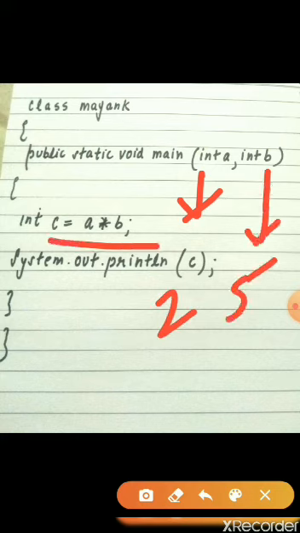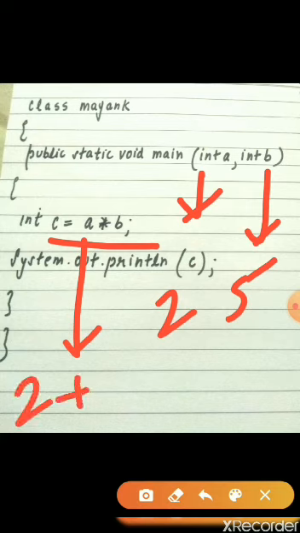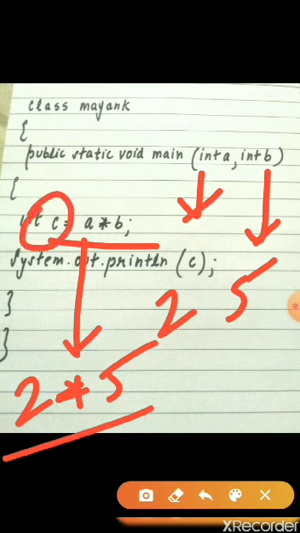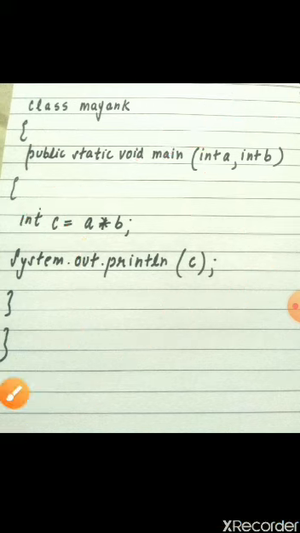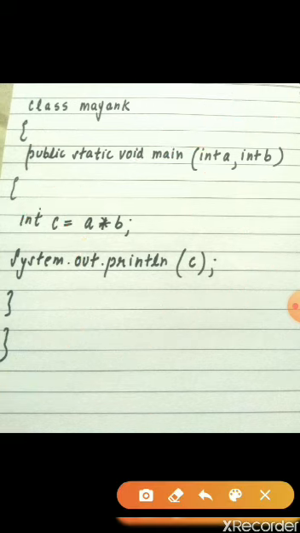Now this line will find the multiplication of these two numbers. You know that 2 into 5 is 10, and the answer 10 is stored in the c variable, and that variable we are printing on the screen.